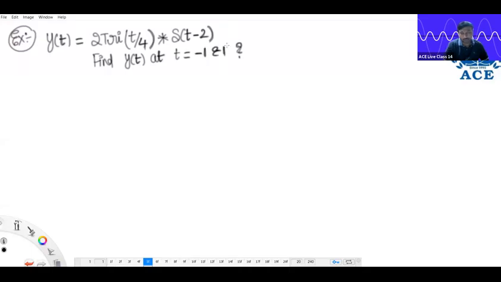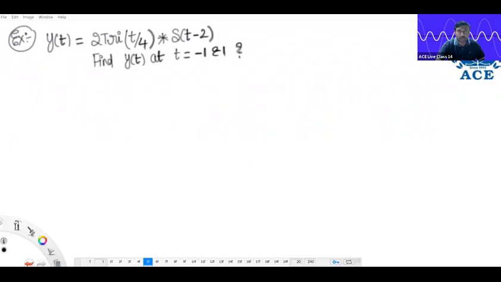Try to find out the signal value at 2 instants, at minus 1 and 1. We studied that tri t covers from minus 1 to 1.